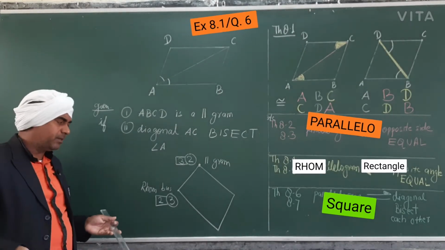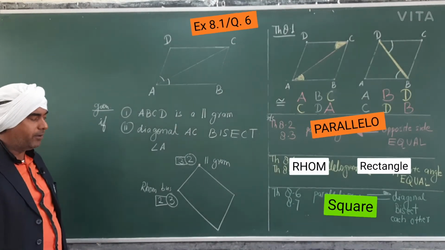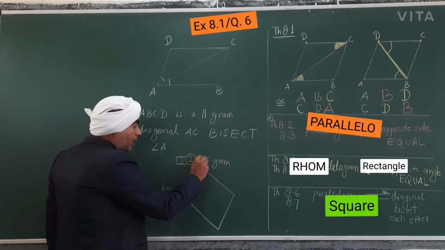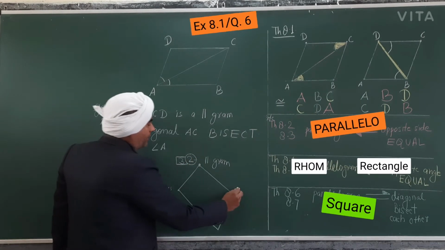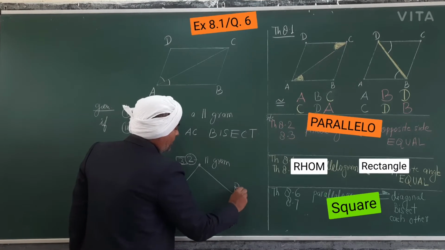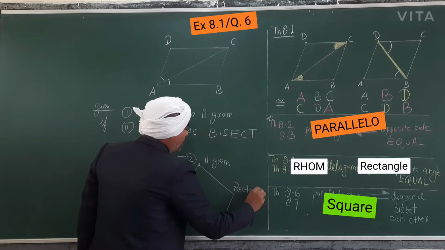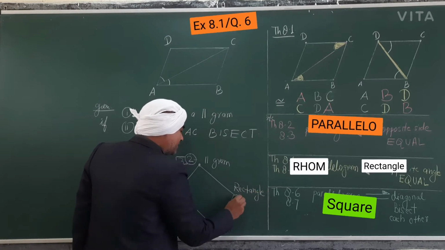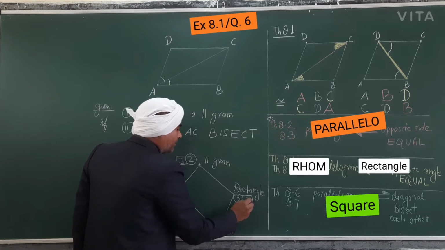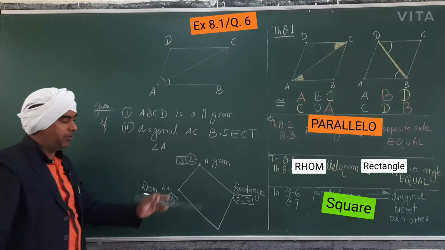In my next video I will tell you in a special video. Till then just keep it. 3 conditions are holding, and this is a parallelogram. Oh sorry, rectangle. A rectangle also includes 3 pieces of information, and 2 pieces of information are required.